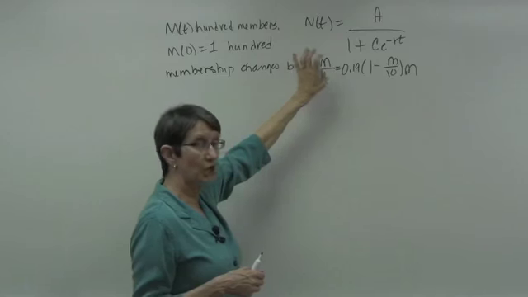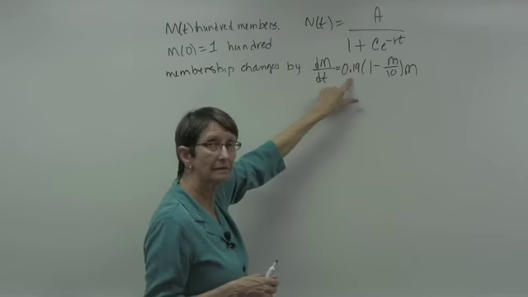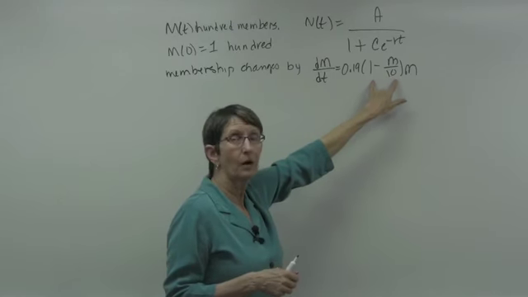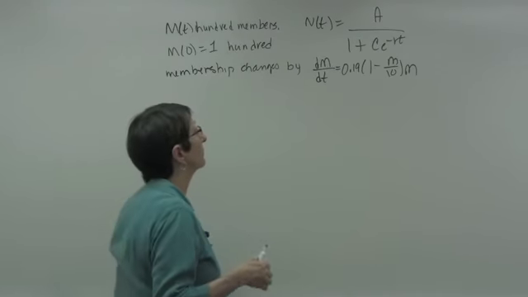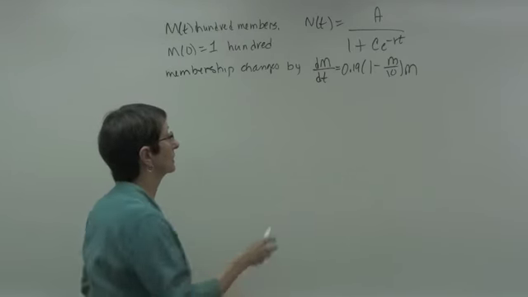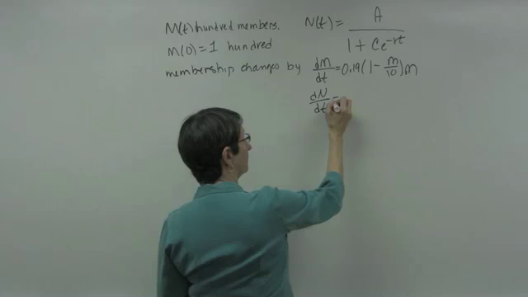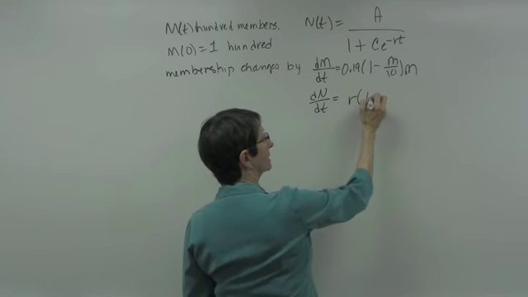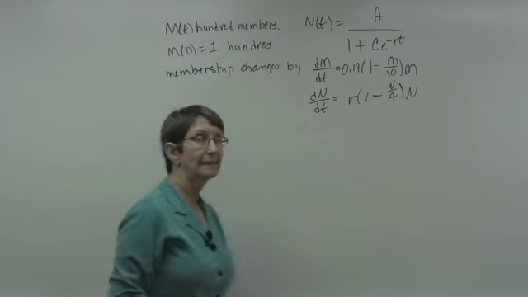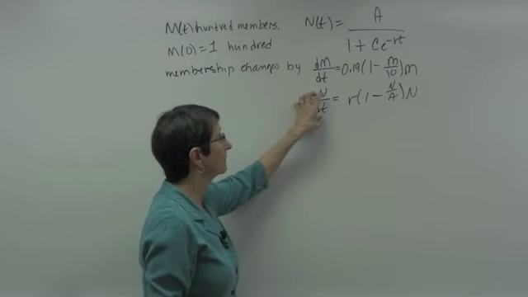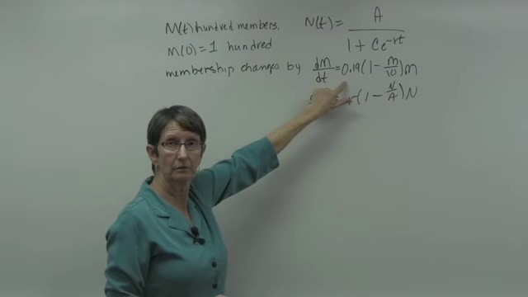The membership changes by this formula. dM dt, that's the change in membership, is equal to 0.19 times 1 minus M over 10 times M. Now, when we first looked at the differential equation, previously it had dN dt equals R times 1 minus N over A times N. So you need to reconcile this differential equation formula with what you're given here.